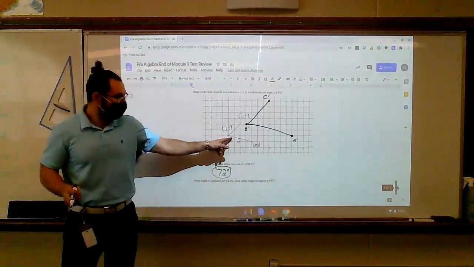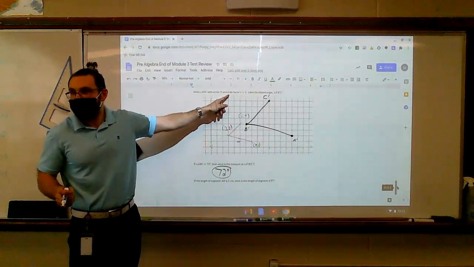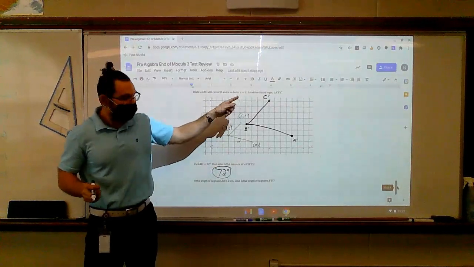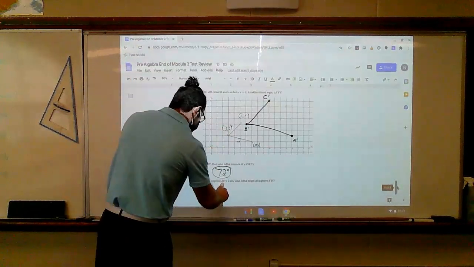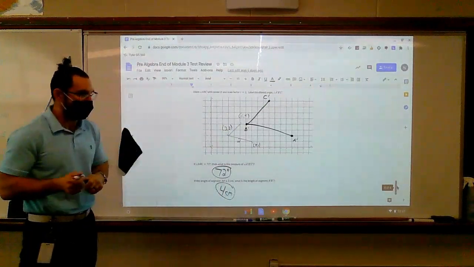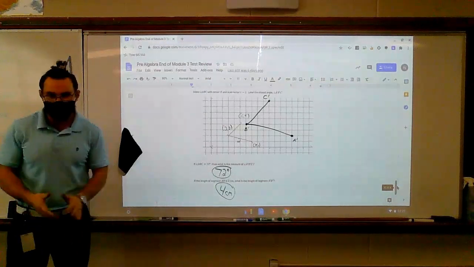Well, if this is 2 and we have a scale factor of 2, remember the formula is image equals pre-image times scale factor. So 2 times 2 gives me 4 centimeters. And that's how we're getting that answer.